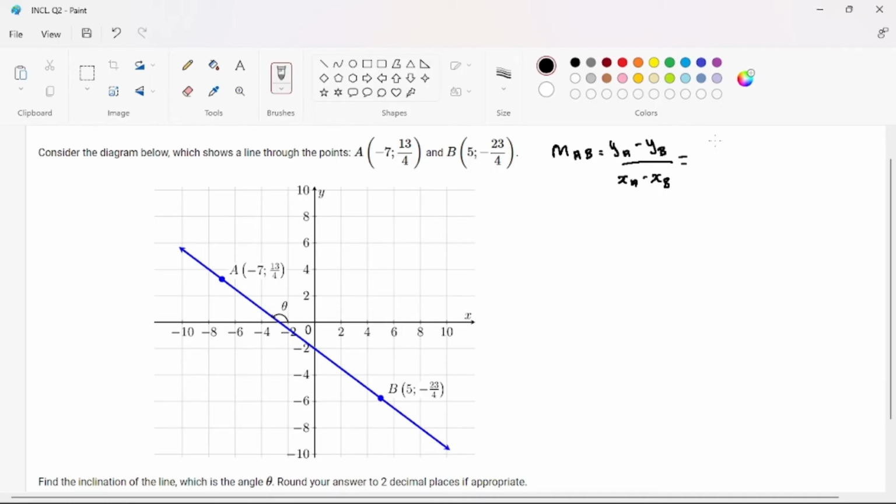Our y coordinate A is 13 divided by 4 minus our y coordinate B, which is 23 divided by 4, all over our x coordinate A, which is negative 7, minus our x coordinate B, which is 5. After this, guys, you are simply going to punch your calculator. After punching the calculator, I got negative 3 over 4.